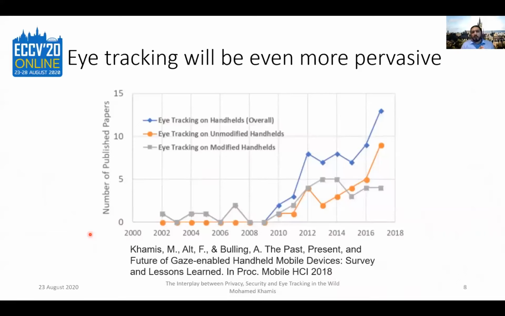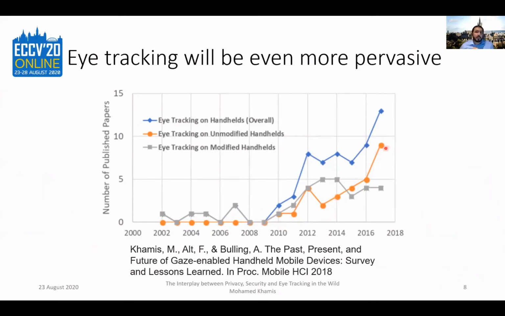Similarly, if you look at mobile devices, you will see that there has been almost an exponential increase in the number of papers in the past years that propose using eye tracking, or they leverage eye tracking on mobile devices. The orange line over here shows papers that used eye tracking on unmodified mobile devices.